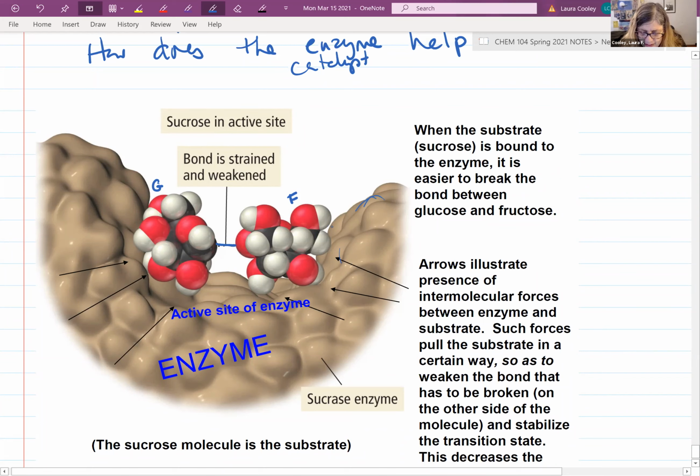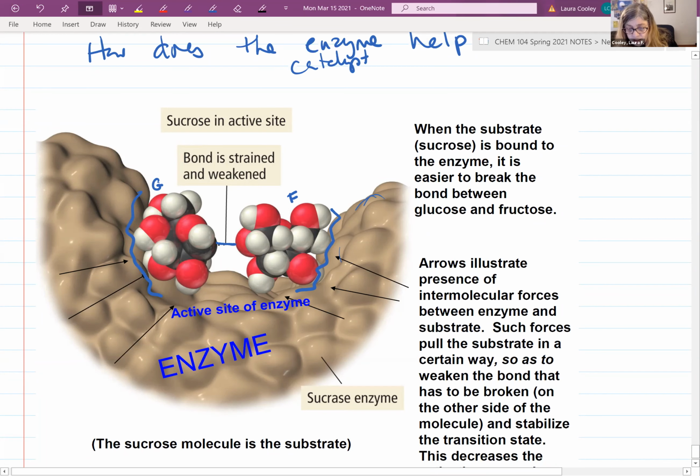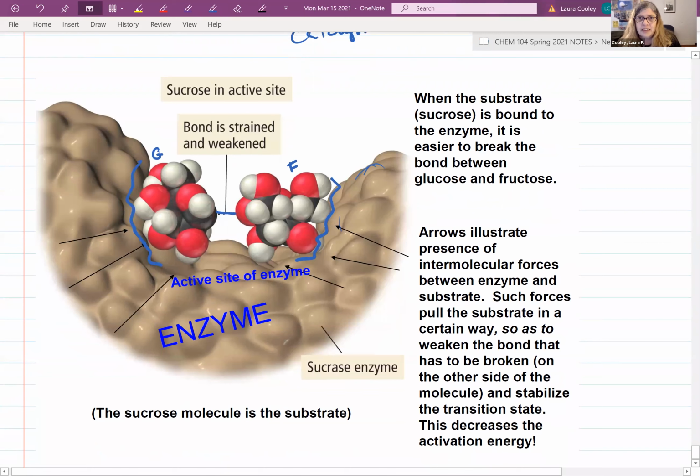But what happens is that this part of the glucose and the fructose interact with the enzyme by all of those forces that I've taught you about in the beginning of the semester. So these are intermolecular forces that attract the glucose and fructose to different bits of the substrate.